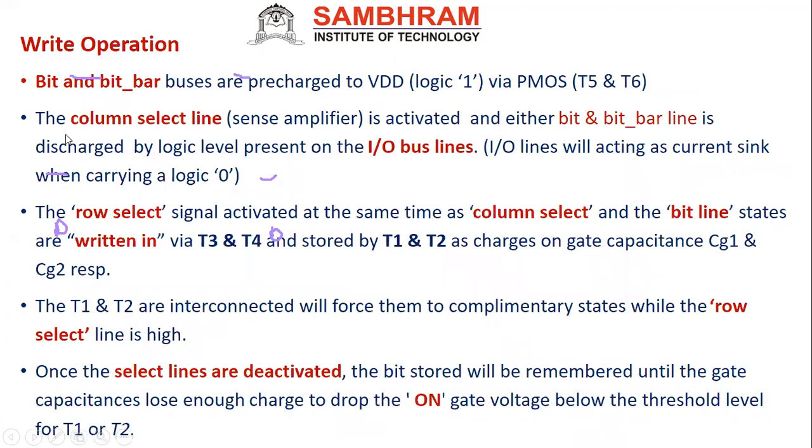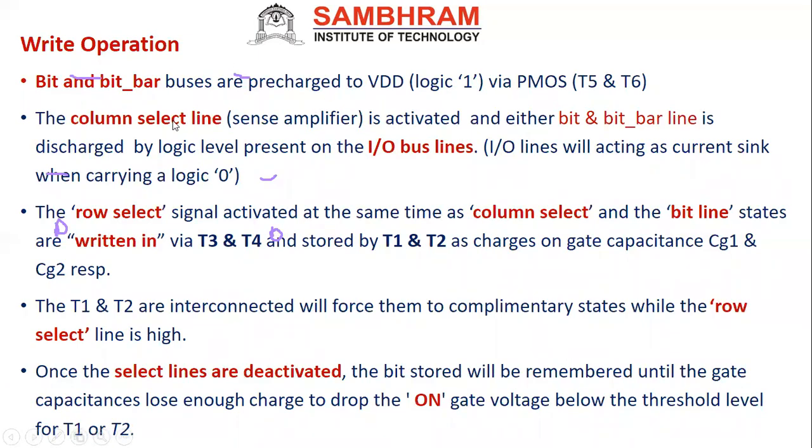Next, the column select. Here the column select, that is, the sense amplifier is activated. And either the bit or bit bar line is discharged by the logic level present on the input output bus lines. That is, IO lines will be acting as a current sink when carrying a 0. Now what will happen here?